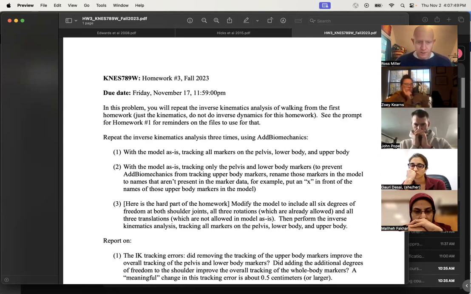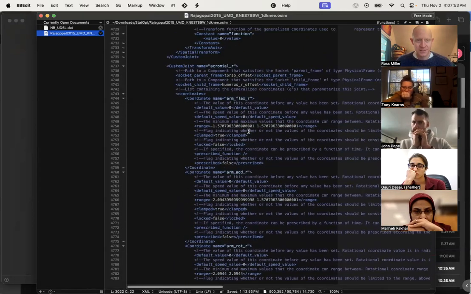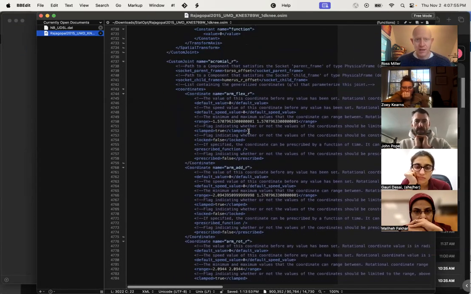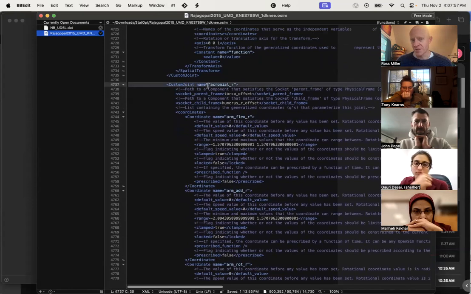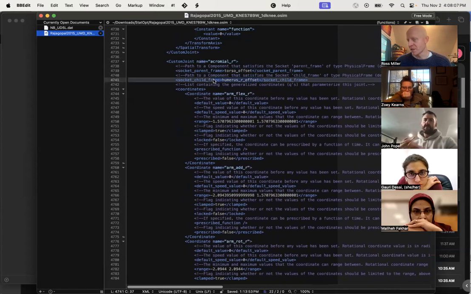Now to do that, here's my model. This is my Rajagopal model. The shoulder joints, it calls those acromial joints under its joint set. That's the right shoulder there, the joint between the torso and the right humerus.